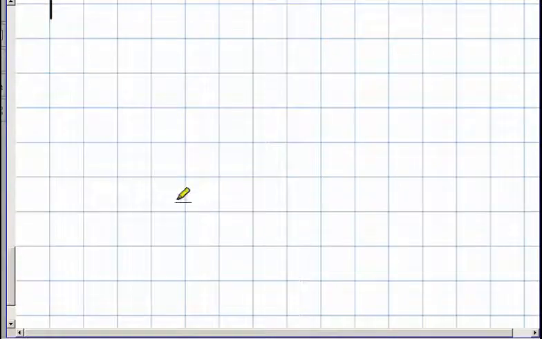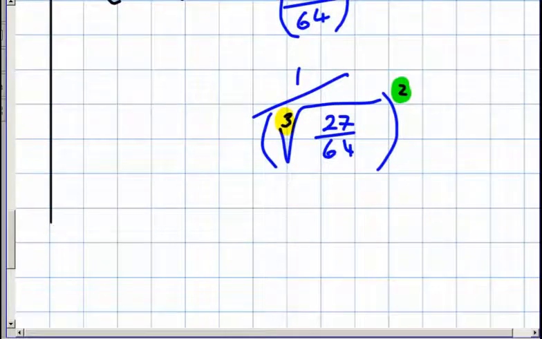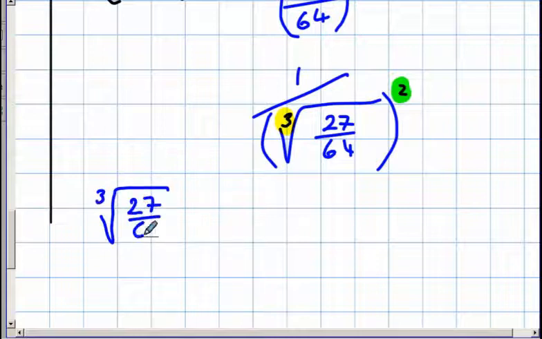Now, what is the cube root of that fraction? What is the cube root of 27 over 64?